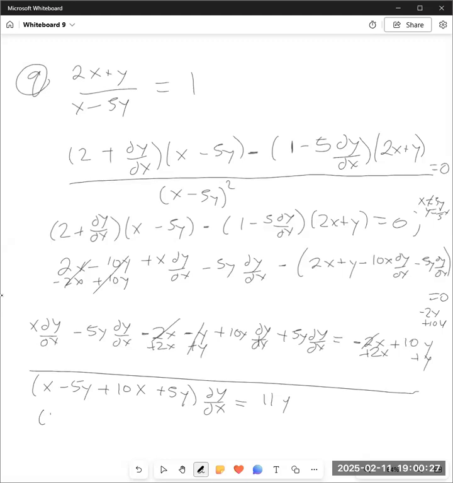So I have 11x, negative 5y, and 5y goes away. dy/dx is equal to 11y.